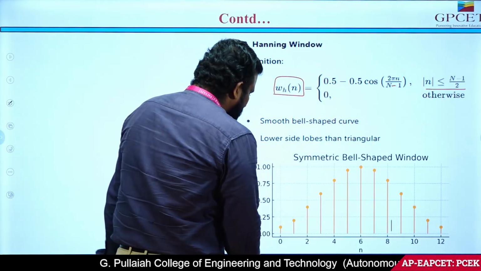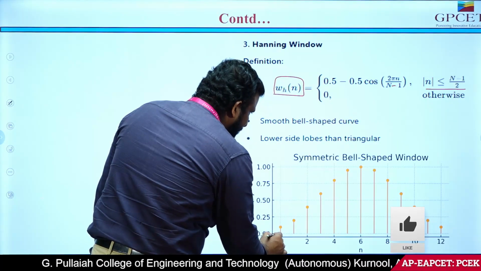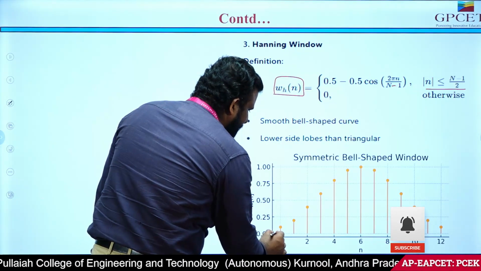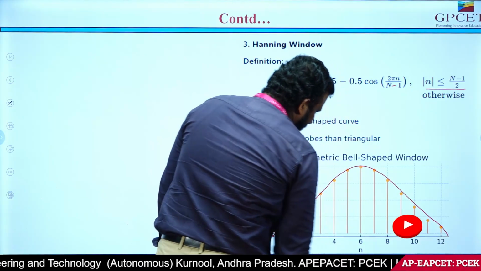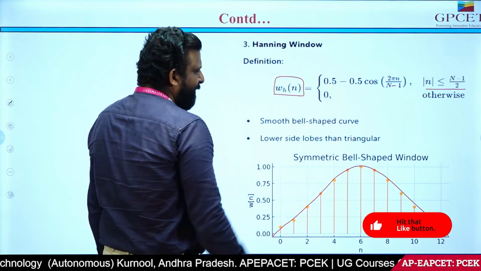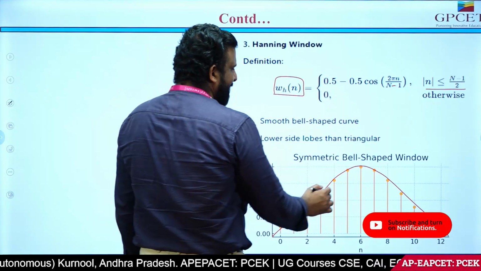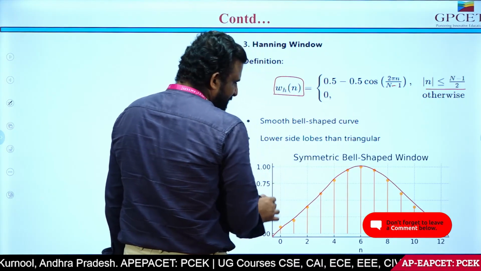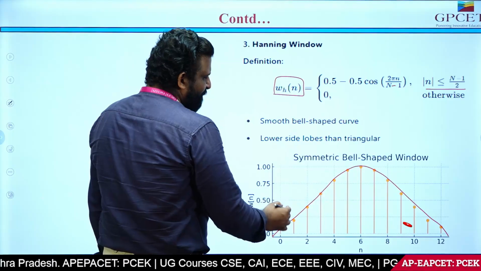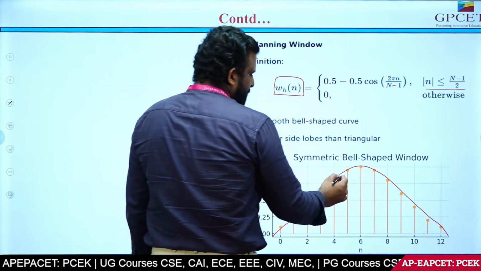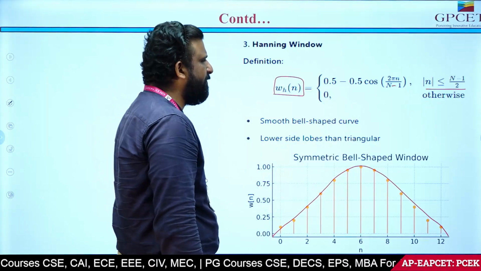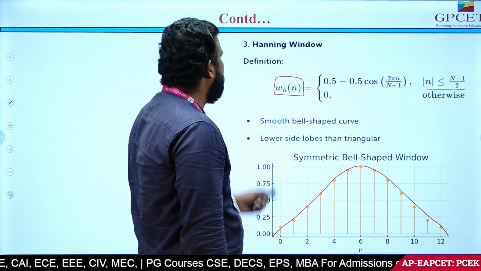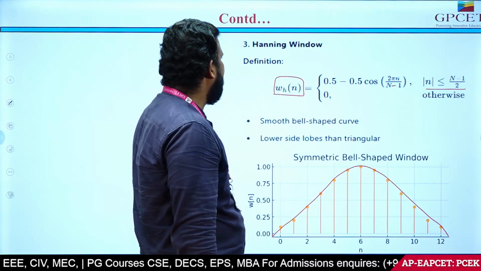So this is nothing but the Hanning window, and it will be like some bell shape. It starts from 0, a smooth bell shaped curve, with lower side lobes than the triangular. So when compared with the triangular window from the previous slide, the side lobes are very low. It is a symmetric bell shaped window, and the condition is that. So this is another windowing technique.